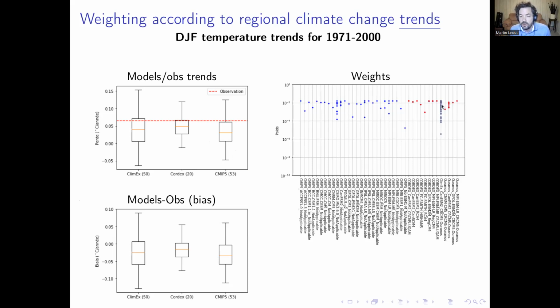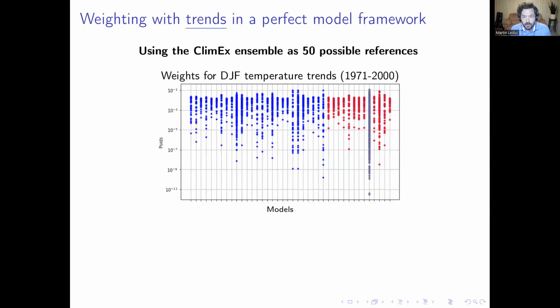If we wouldn't see this ensemble here, we could conclude, okay, that model is the best of the ensemble, and we will give more weight to that model. But actually it's quite risky to do that because we know that here there's a lot of noise in the calculation of those weights.